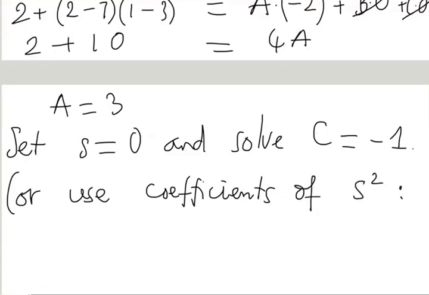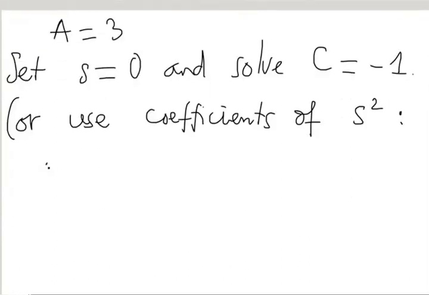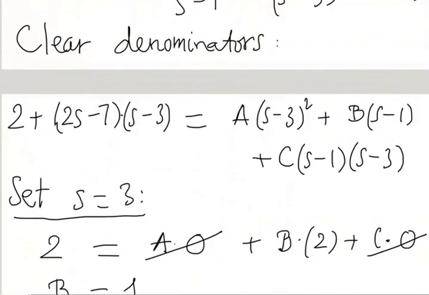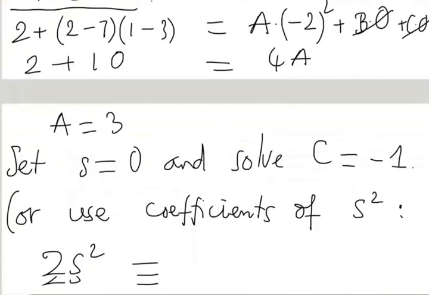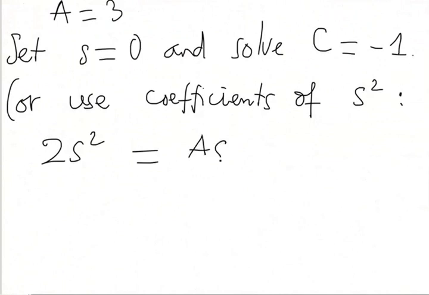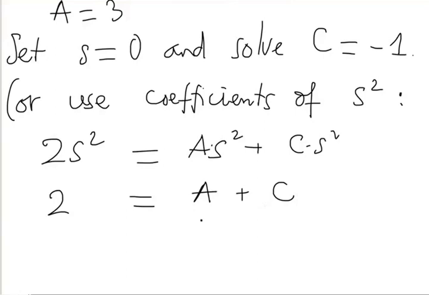As I mentioned, coefficient of s squared on the left side, we have 2s squared. On the right side, we have as squared plus cs squared. B doesn't contribute to s squared. So canceling s squared, we have 2 equal to a plus c, but we know that a is 3 from above, so we can solve c to be -1, the same as before.